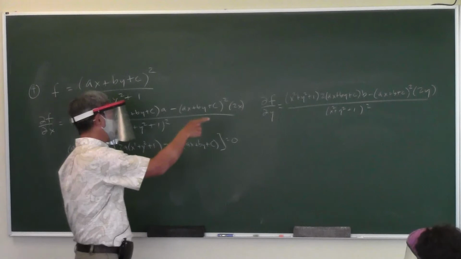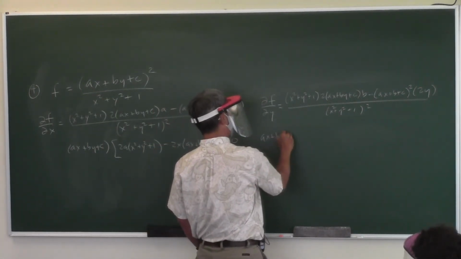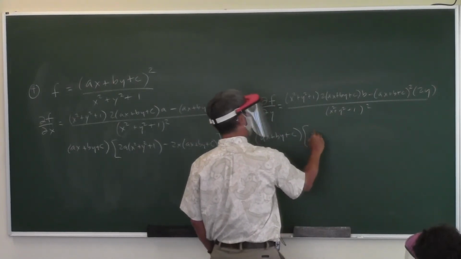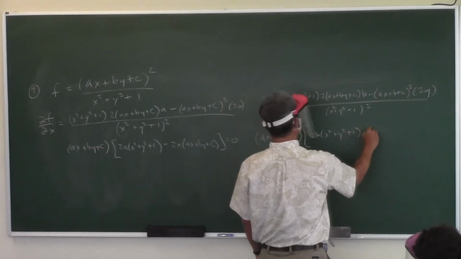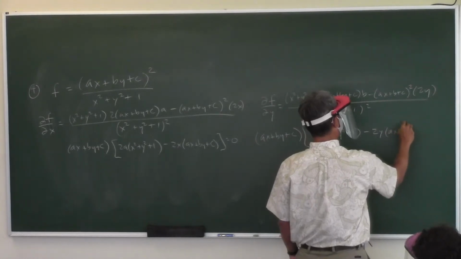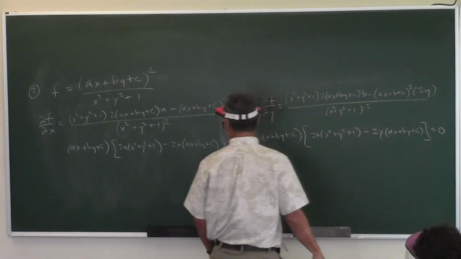Okay, do the same thing with the other one? Yeah. So ax plus by plus c, and then we're going to have 2b times x squared plus y squared plus 1 minus 2y times ax plus by plus c, and that has to equal 0.